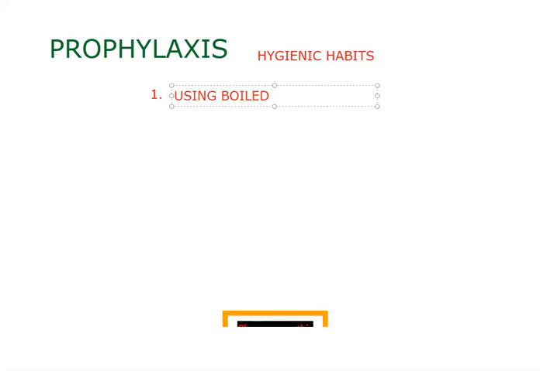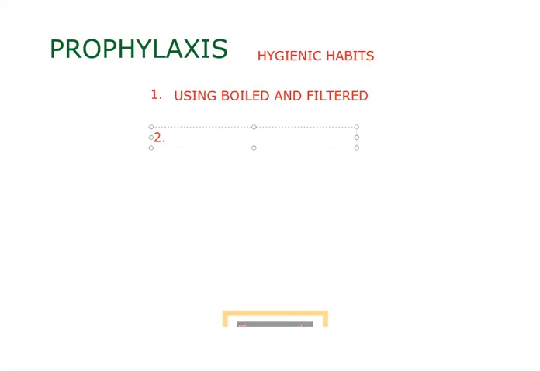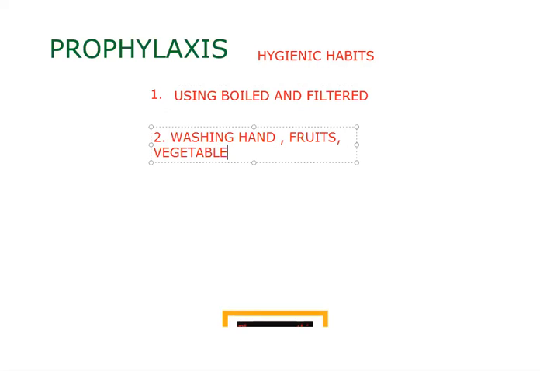Those who eat panipuri don't know about Ascaris lumbricoides, Entamoeba histolytica, typhoid, all these diseases caused by contaminated food and water. Children don't know this. That's why wash hands, use boiled and filtered water, and eat fruits and vegetables only after washing them properly. So it's believed that children have less awareness of these conditions.